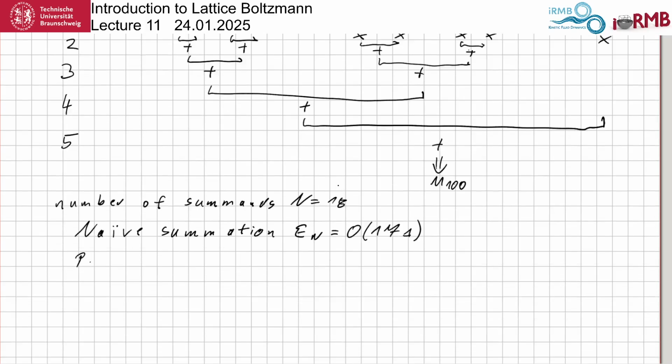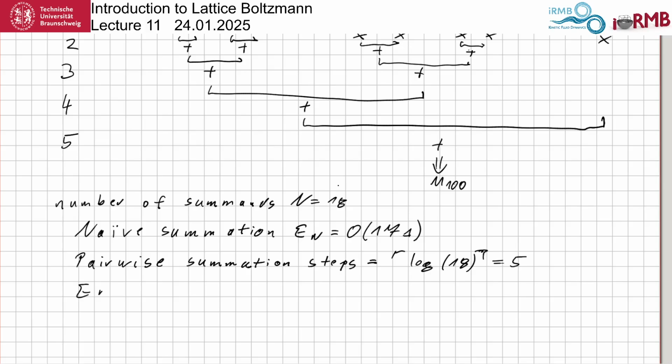In a pairwise summation, the number of steps that you have is given by the ceiling of the binary logarithm of the number n, and this is 5.